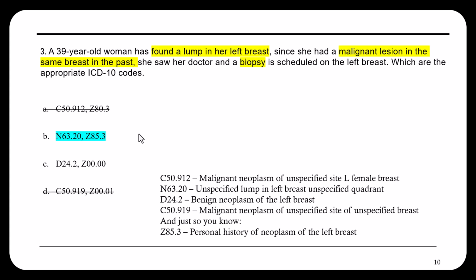And you can see both C codes here are malignant, and the D24.2 are the benign. So by knowing that the C chapter holds the cancer codes and the D chapter can hold the benign codes, it led me to the answer without even looking. Now, one thing to remember though as you go through this, if you're not sure, look. I'm just trying to show you the way I go through things.